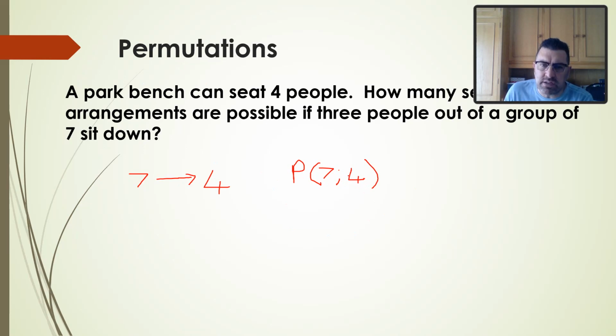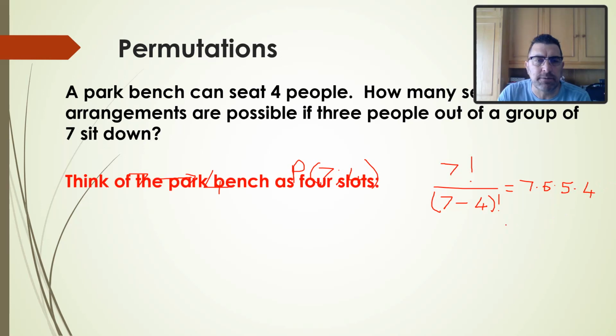So this will be 7 factorial according to our rule, divided by 7 minus 4 factorial, and that's just simply 3 factorial. So this result will be 7 times 6 times 5 times 4. 3 factorial divides 3 to 1 away.